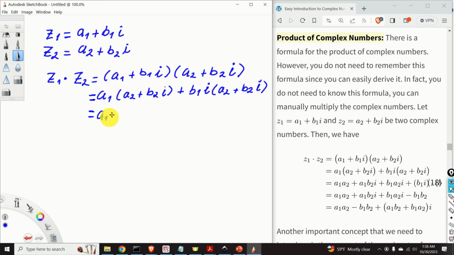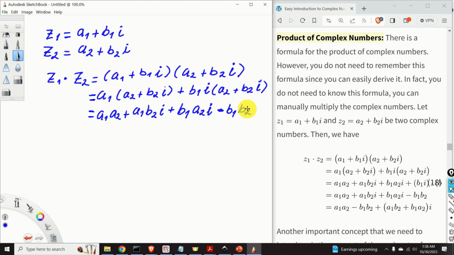We have a1a2 plus a1b2i, plus b1i multiplying a2, that's basically b1a2i, and b1i multiplying b2i, that's basically b1 multiplying b2 multiplying i squared. And i squared is by definition minus 1. So you have minus, be careful, b1 multiplying b2, and that's it.